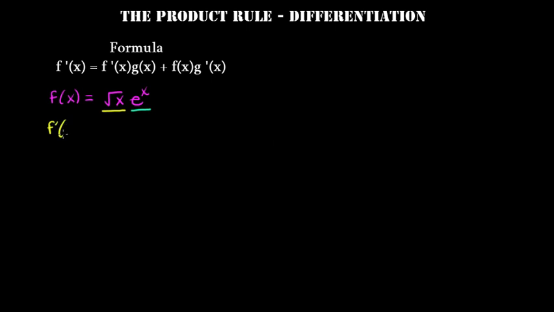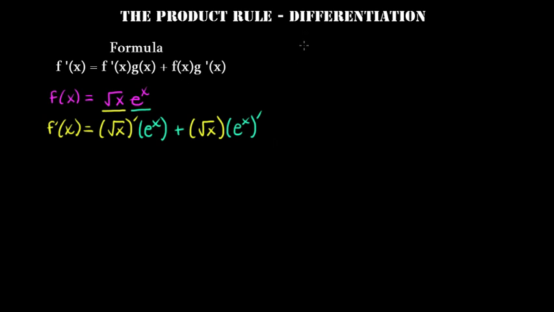So f prime of x. Go ahead and write it out every single time. So here's my f primed, multiplied by my g, plus, in between, go ahead and copy your f again. And now we have g prime. Okay.